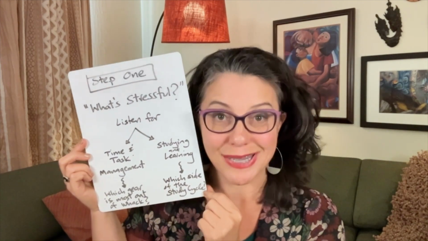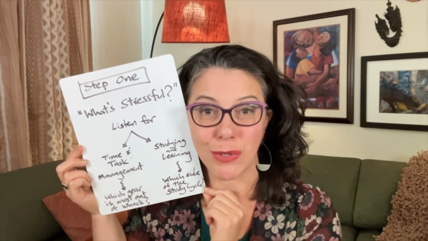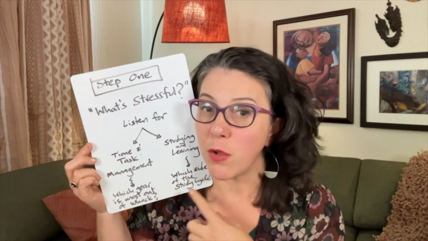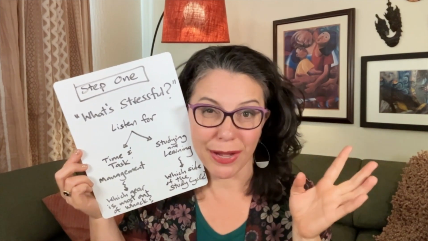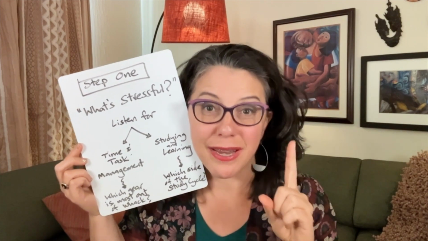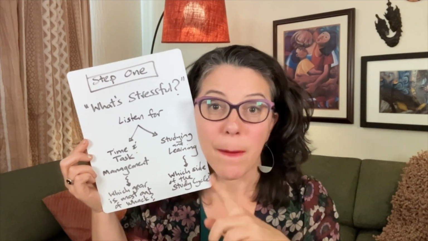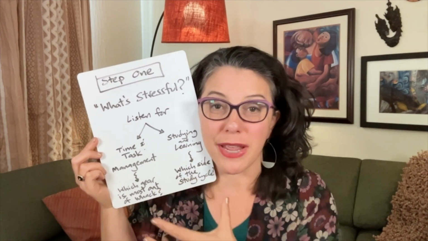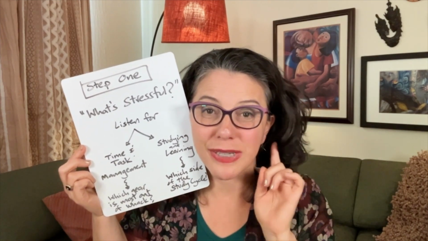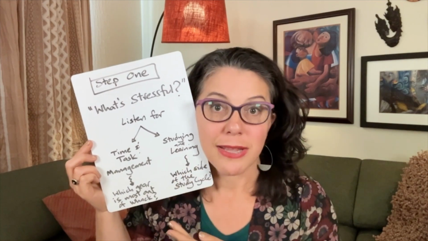Or which side of the study cycle does the student seem to need more work with as they talk? Now, if you don't know what either of these mean, don't worry about it. You're still going to get 4 steps that you can implement immediately by the end of this video. But if you are somebody who's been learning in my world for a while, just know that you can also be listening for this thing. Okay, that is step 1.